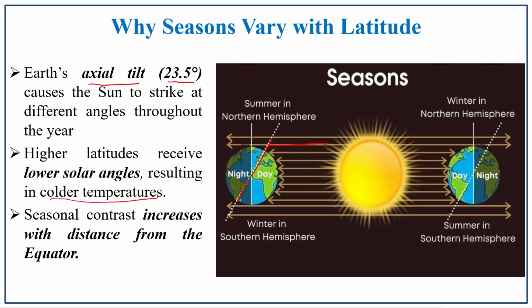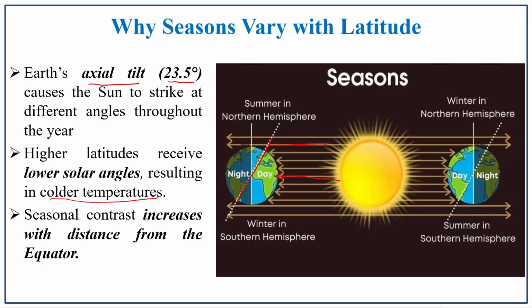If it is an equatorial climate, the incoming solar radiation will be intense and it will be very warm, but comparatively, if it is a polar region, the incoming solar radiation will be slanting, and it will be very much colder in that particular season, in that particular latitude.